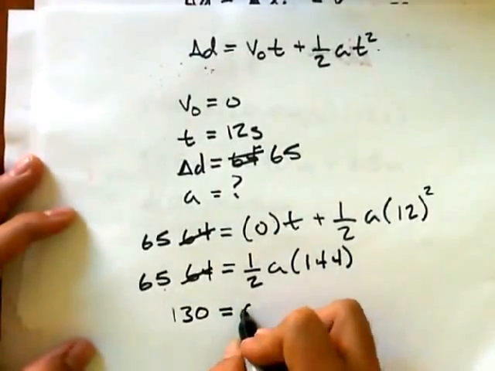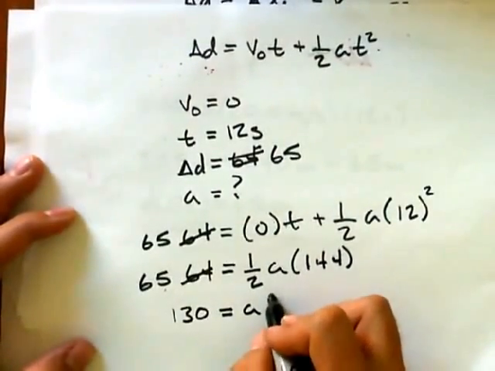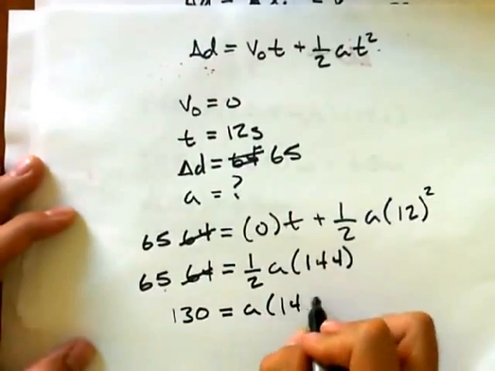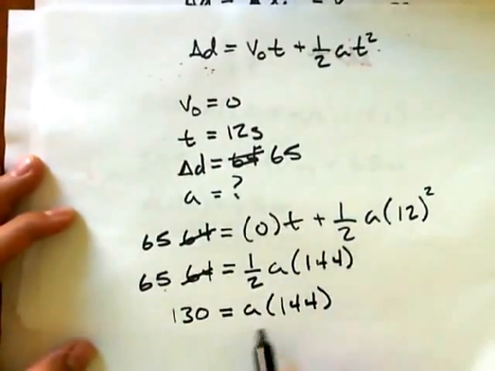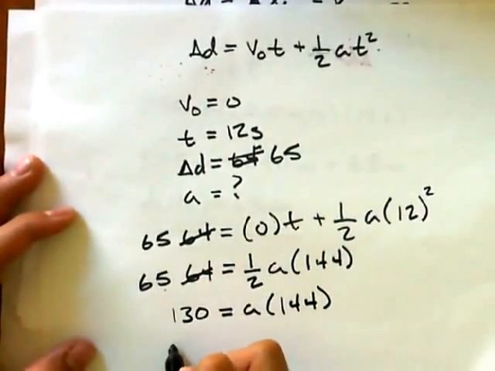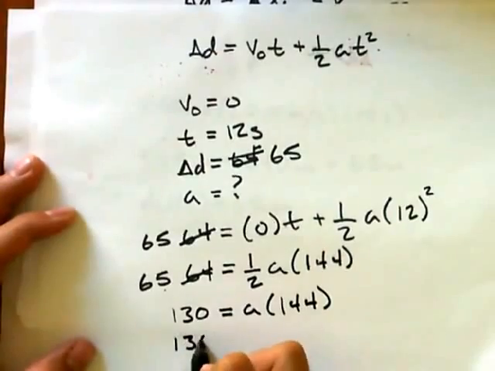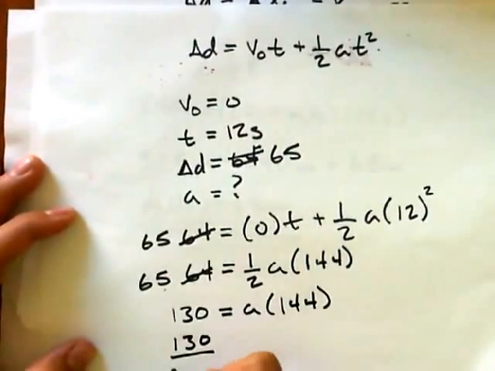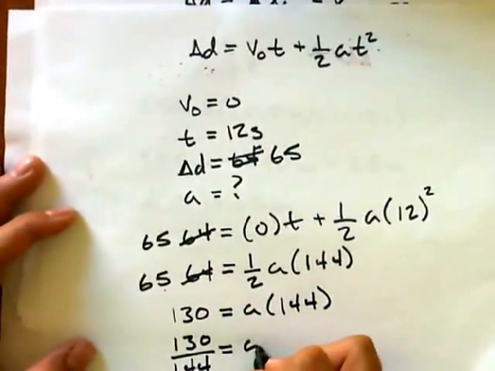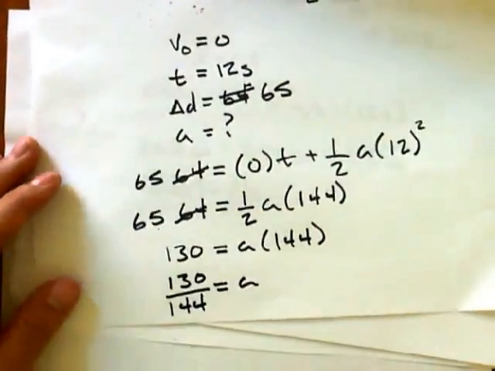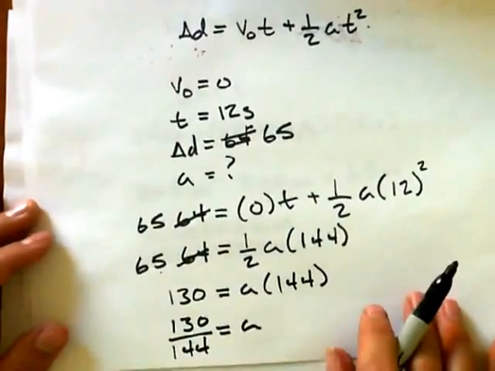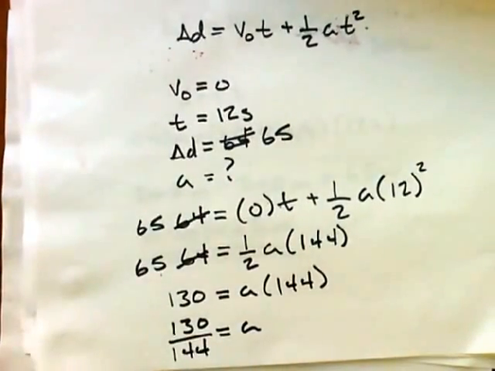Alright, so now we have A times 144. We can divide out that 144, which ends up 130 over 144 equals A.